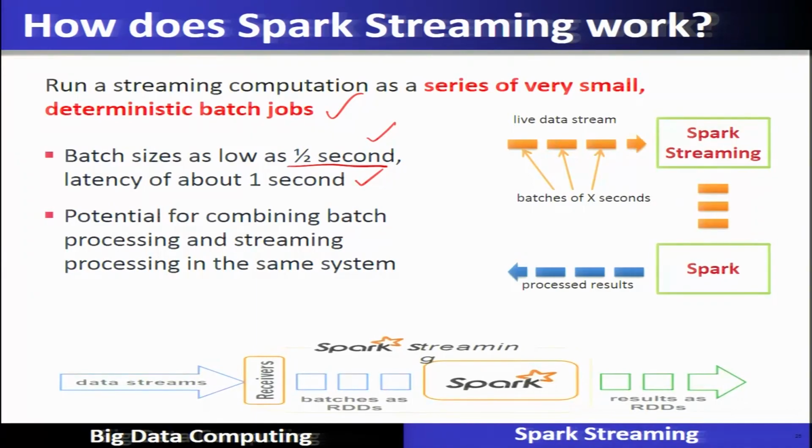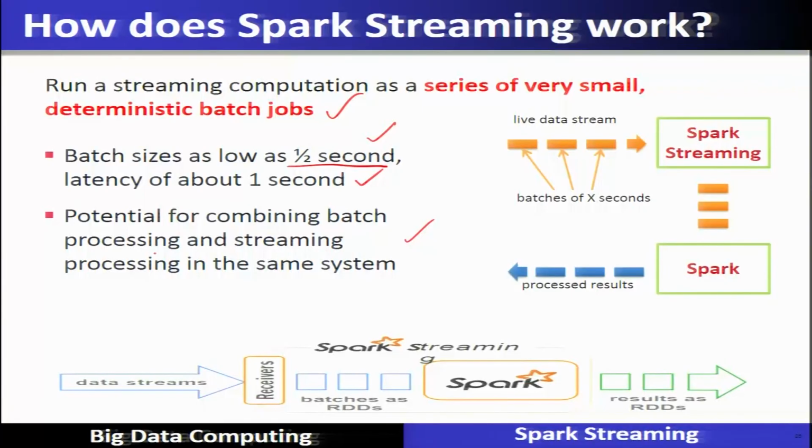Therefore, the potential for combining batch and streaming data processing in the same system exists. Why? Because finally these micro batches are also RDDs, which are given to the Spark system, and batch data is also processed by the Spark system. So finally there is a single engine, the Spark engine, which processes both the batch as well as the streaming data.